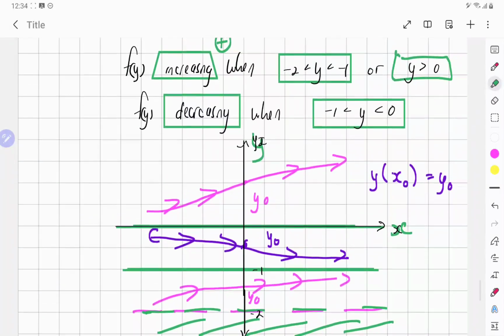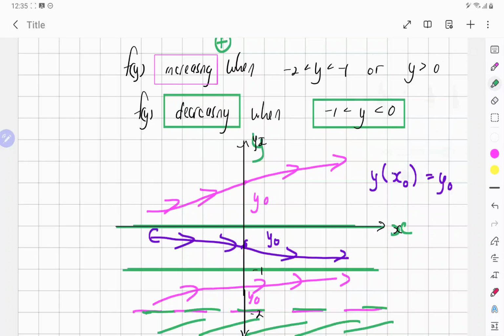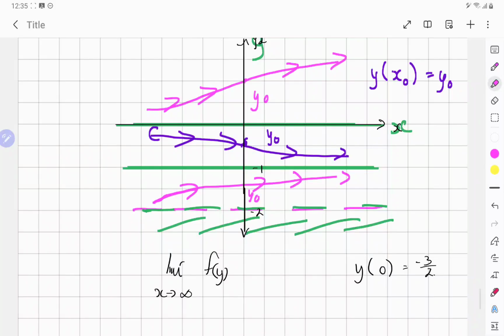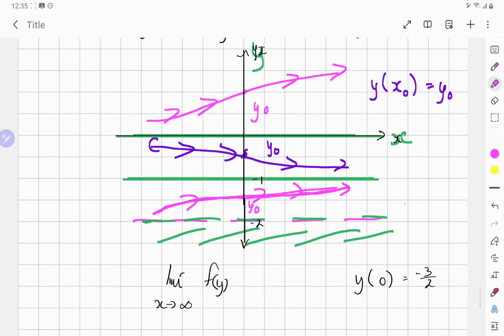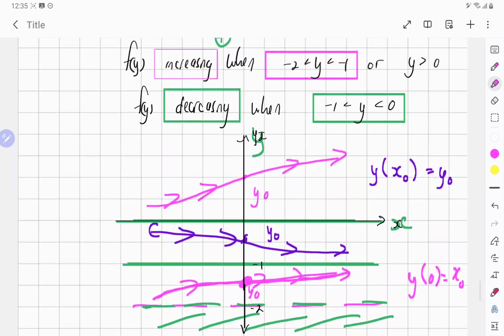So let's sketch this one quickly. So as you can see here, the pink is for increasing. So from -2 to -1, there goes my line. Why did I not draw below -2? It's not in the domain. And then if I have y of 0 is 0, I will go through that initial point.